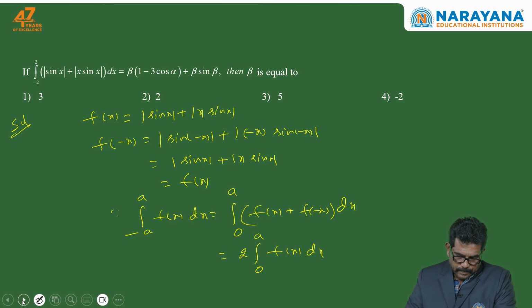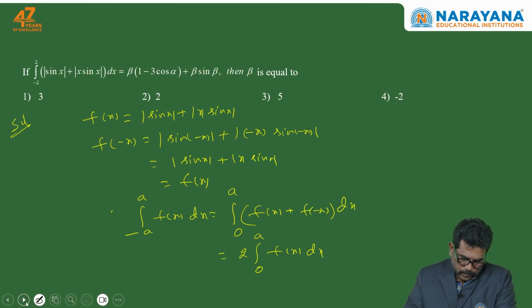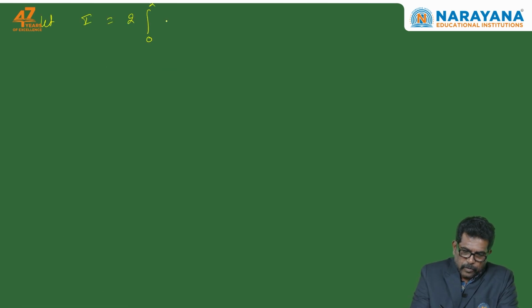So here, first of all, let I be equal to 2 times the integral from 0 to 2 of mod sin x plus mod x sin x dx.